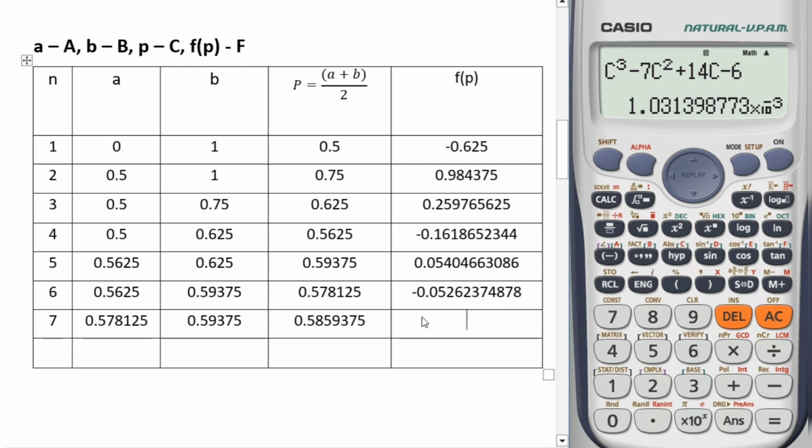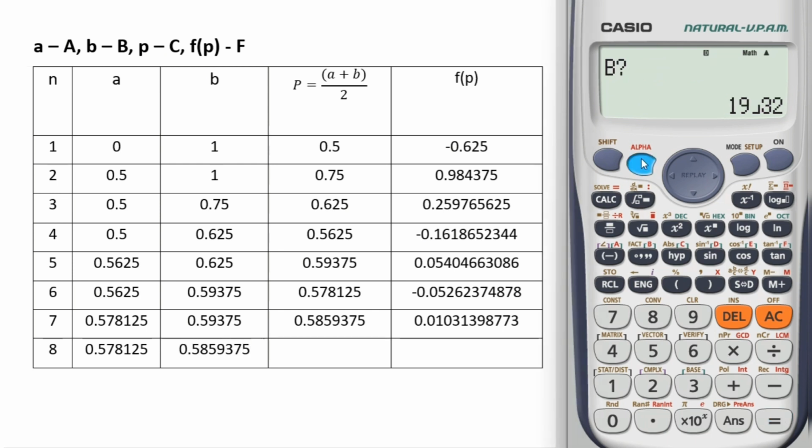Here we have a positive value, 0.01031398773. Therefore, in the eighth iteration our root is between 0.578125 and 0.5859375.